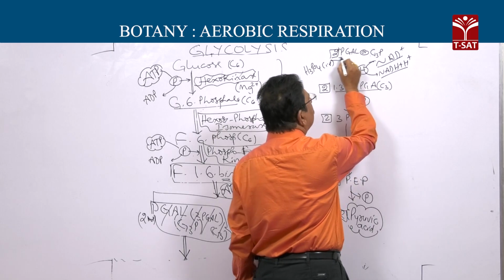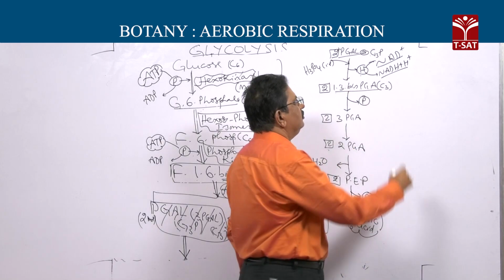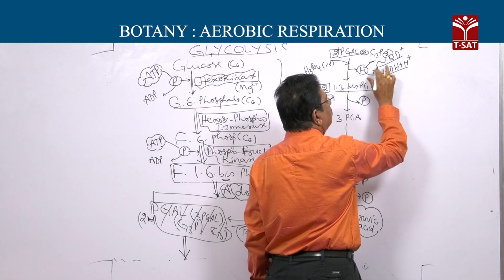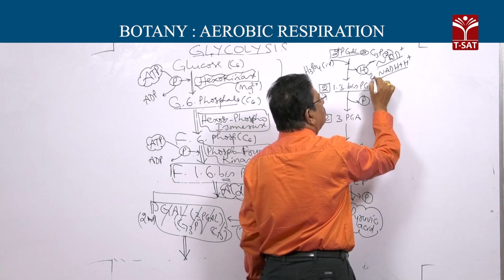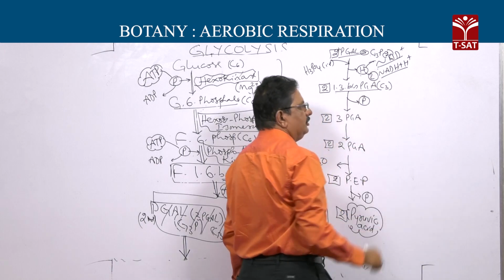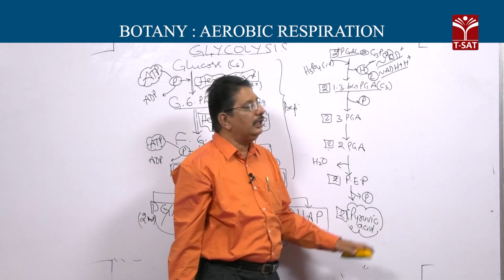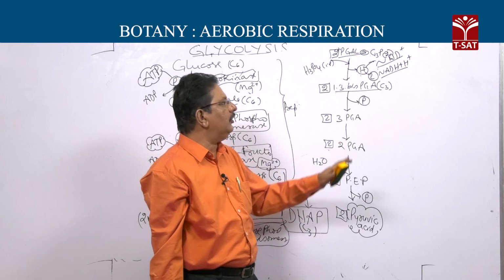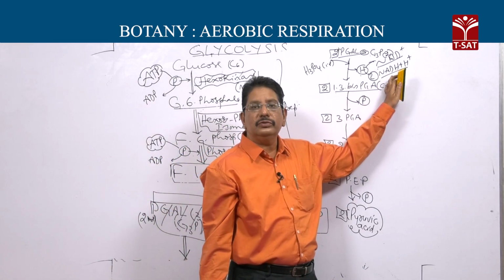So, there are two PGAL molecules, so there are two NAD pluses converted into two molecules of NADH. So, NADH plus H plus is one form of energy. Unfortunately, it is not useful.